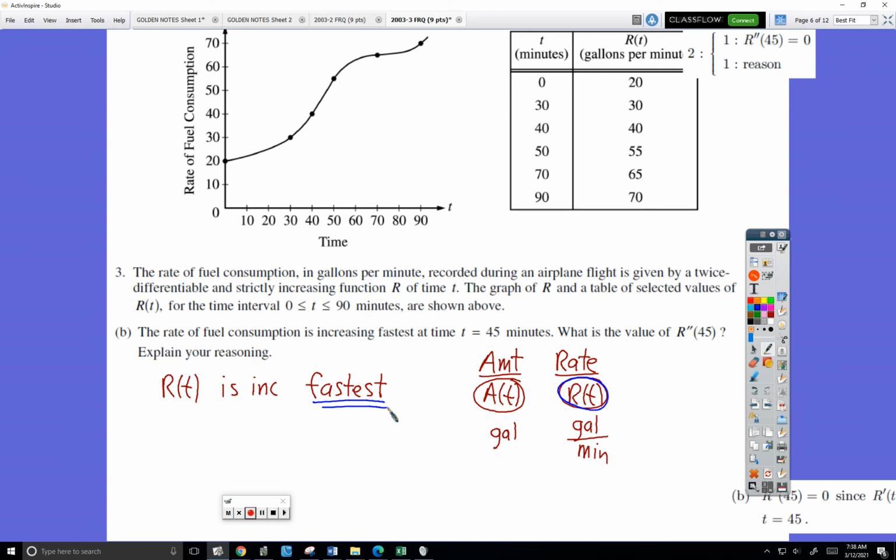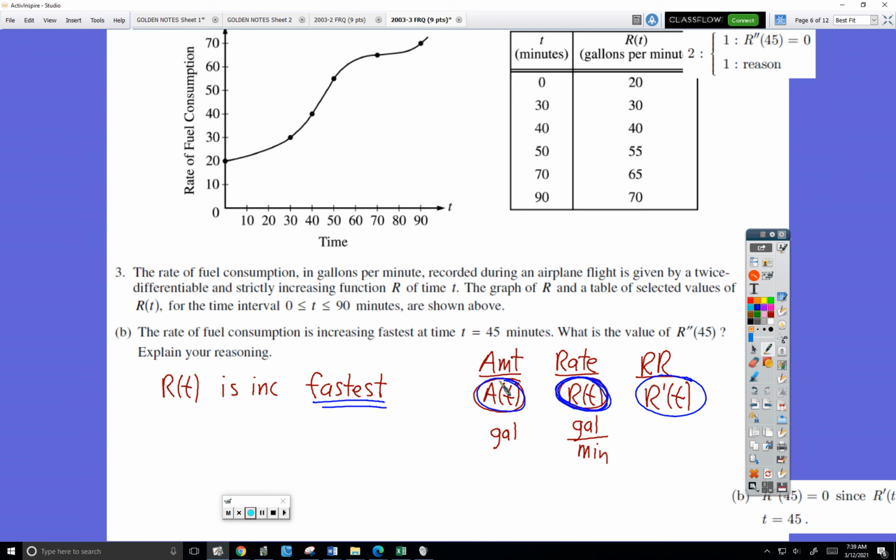So this R of T is going up fastest. Well, it's the rate of the rate. So this would be R prime. The rate of the rate is what tells me how fast the rate itself goes up, just like this rate tells me how fast the fuel is consumed. See what I'm saying?